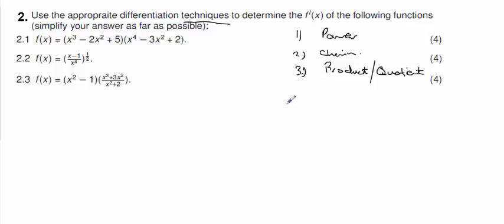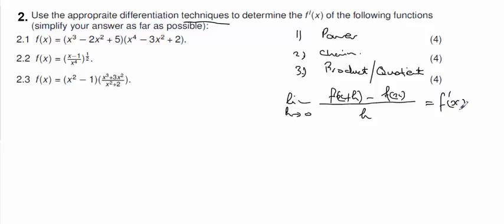In other words, you don't need to go to this limit of the incremental quotient as h goes to 0. Once we've derived some standard derivatives using the incremental quotient, we don't need to always go there. We can use these rules and then compute our derivatives f prime of x.